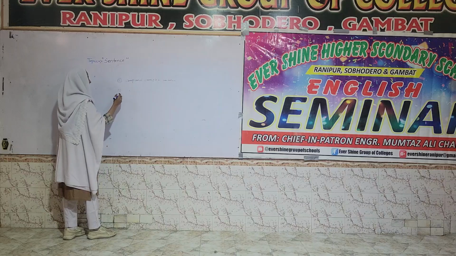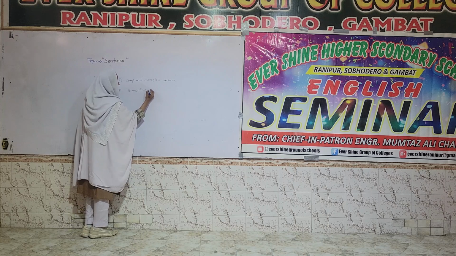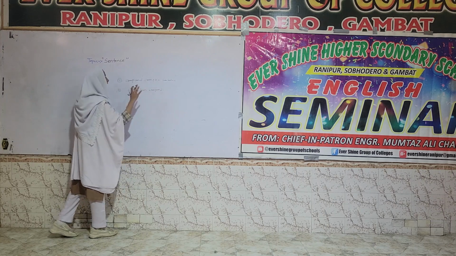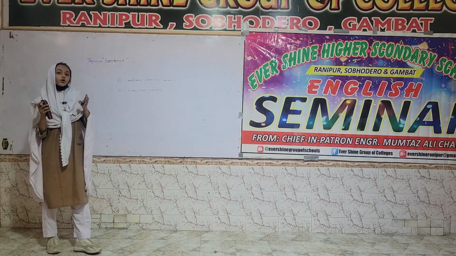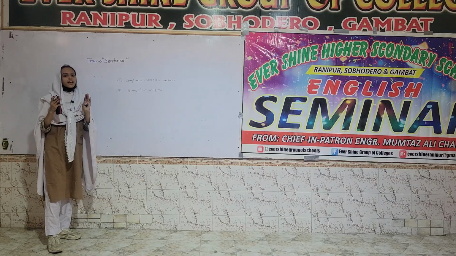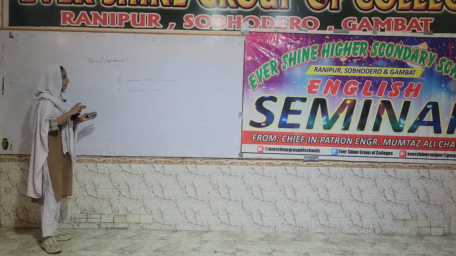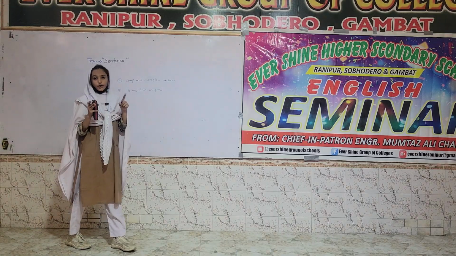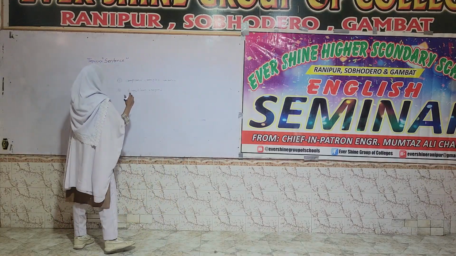Number one, condition compound. In a compound complex sentence, it has two or more independent clauses and a dependent clause in it. Compound and complex sentences are combined together. Condition compound.